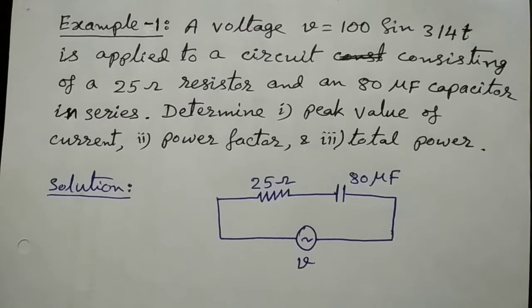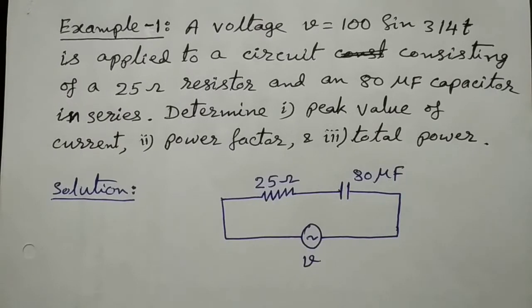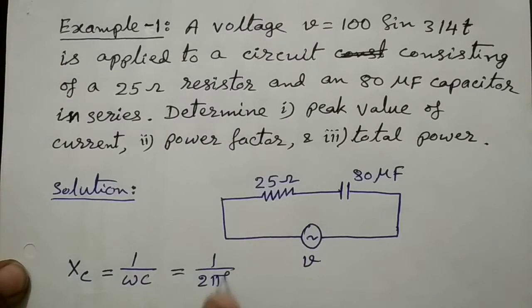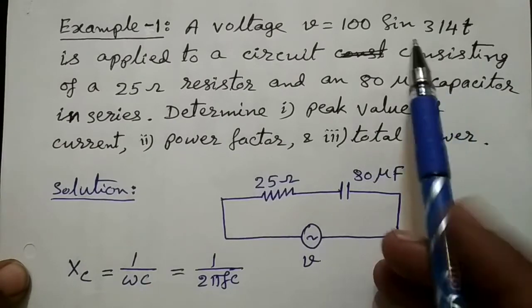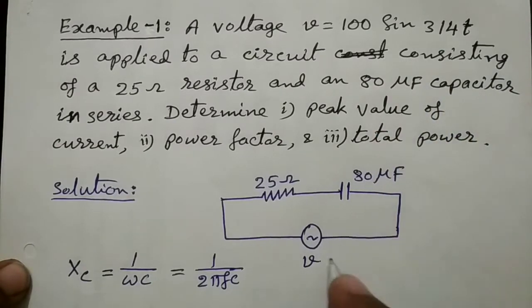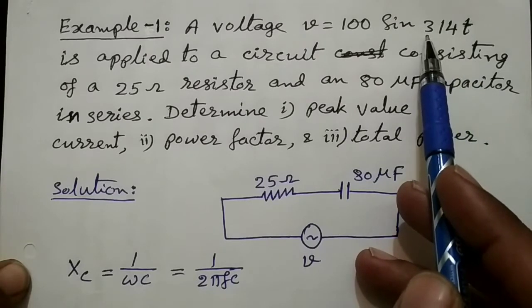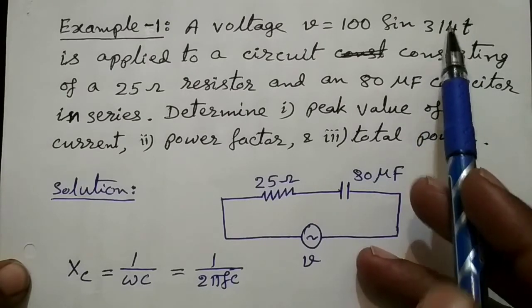Now the first thing is we can calculate the capacitive reactance of the circuit, XC, and we know that the capacitive reactance is 1 upon omega C, or it can be written as 1 upon 2 pi fC. Here in the question, V is equal to 100 sin 314t, so omega is 314.